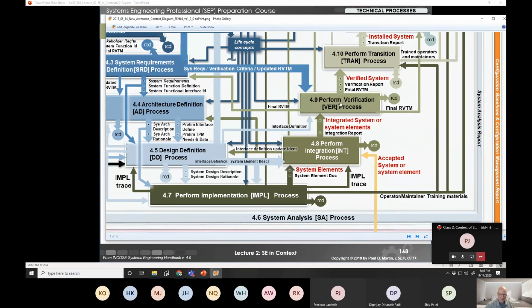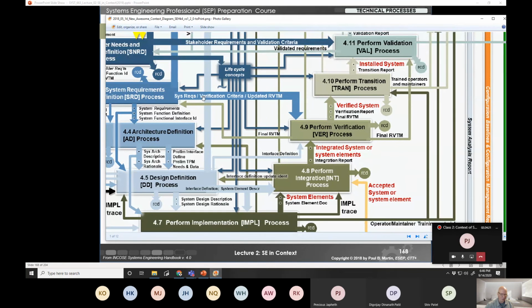And you actually can see that when your inputs are your system requirements. So if you look over here, your system requirements and verification criteria and requirements verification traceability matrix all flow into this verification process. You're basically taking the system as a whole and testing it, verifying it, demonstrating, analyzing it, whatever technique or method you use, you verify to make sure it meets whatever your system requirements are.